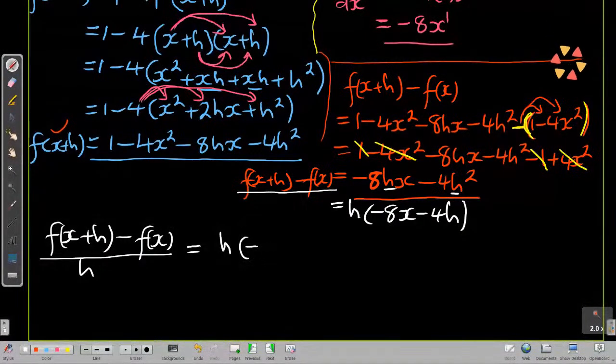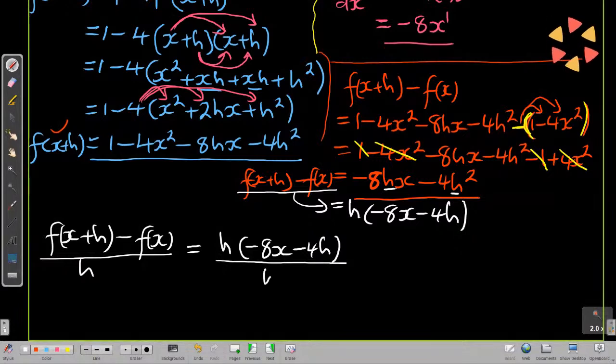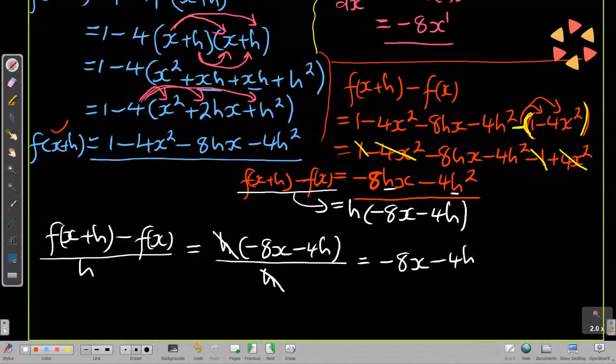Remember, this is now that f of x plus h minus f of x. So that is minus 8x minus 4h and then divided by h. So you see the part where it cancels, where that goes, that was the main part to get rid of that fraction. So you've got minus 8x minus 4h.